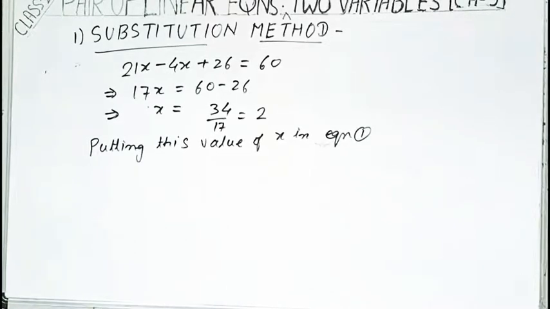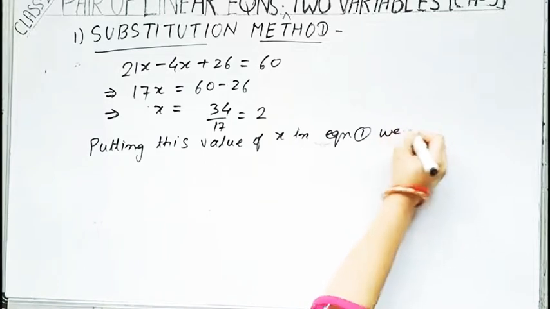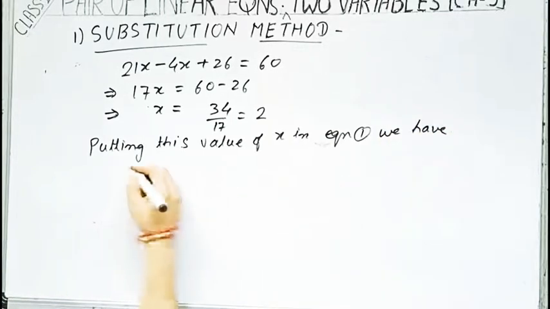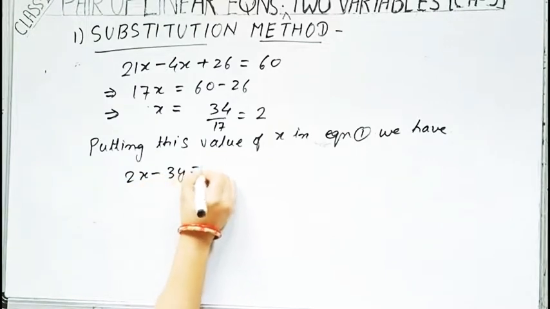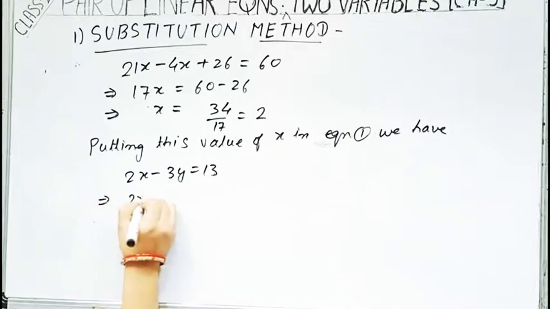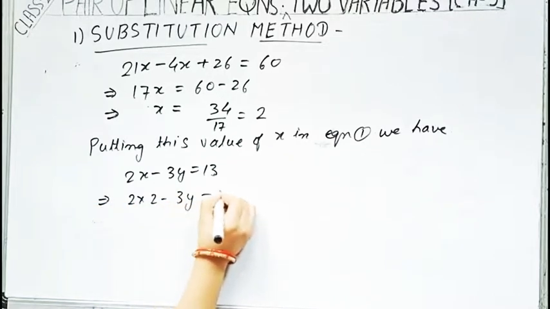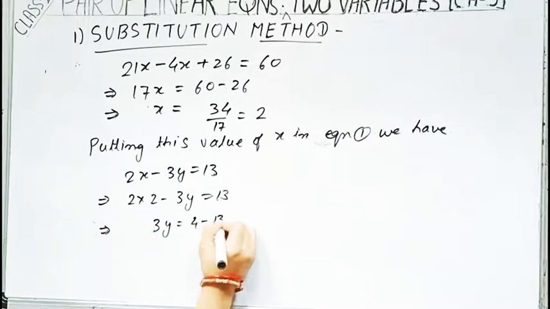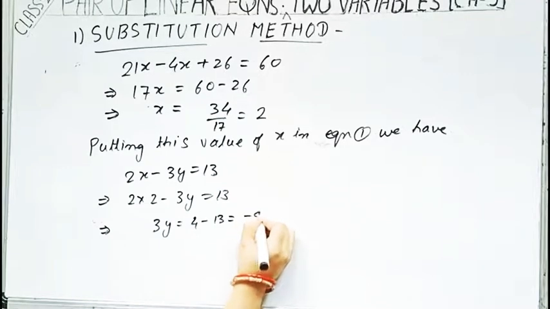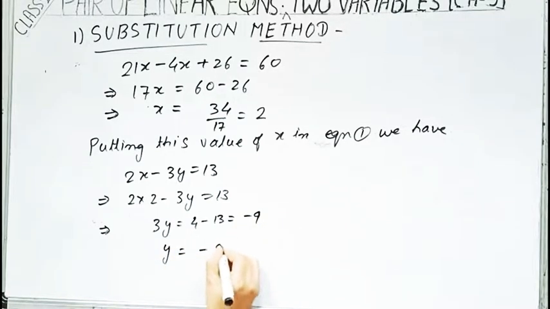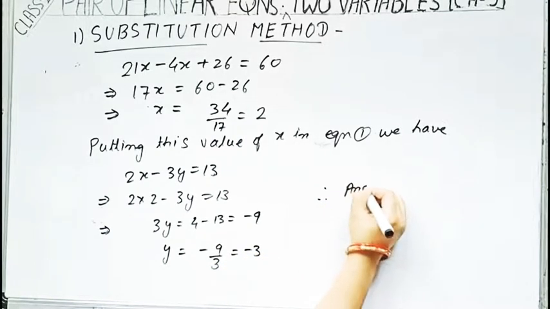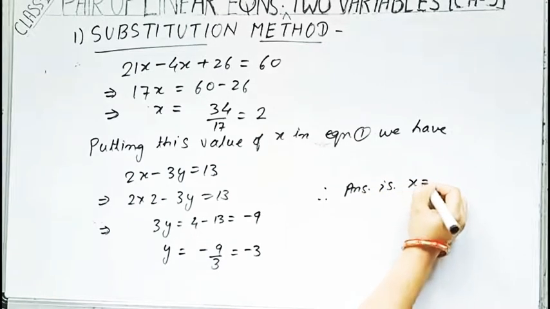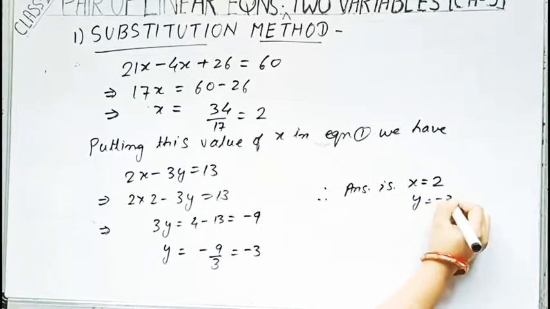Now equation 1 was 2x minus 3y equals 13, which implies 2 into 2 minus 3y equals 13. This implies 3y equals 4 minus 13 equals minus 9. This implies y equals minus 9 by 3 equals minus 3. Therefore, the answer is x equals 2, y equals minus 3.